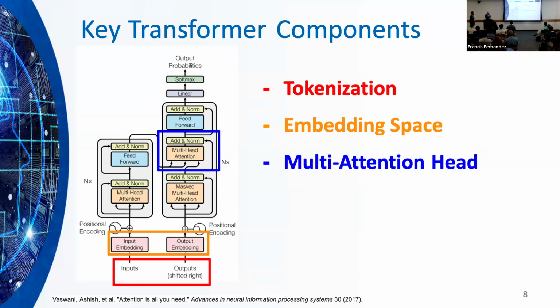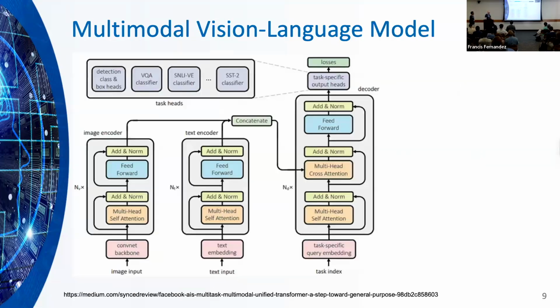If we think to the multimodal setting, this is a relatively more advanced multimodal architecture put out from Facebook, where it's looking at a multitask setting. You can see on the right side here, one of the inputs is the task index itself for what task you're working with.